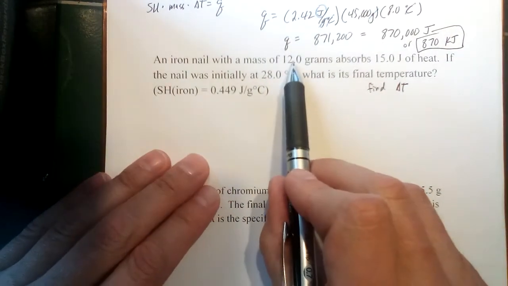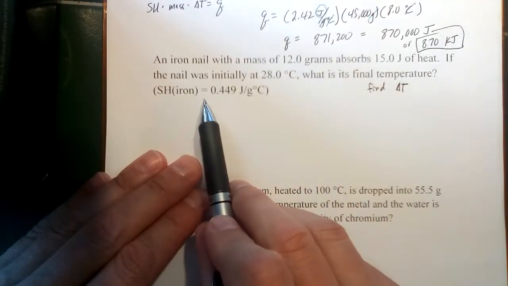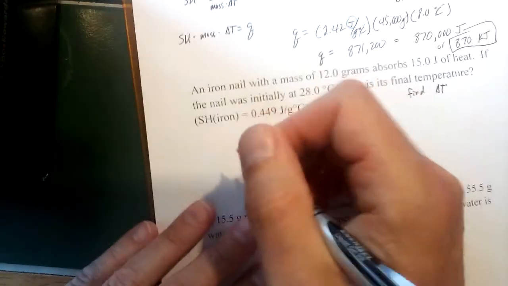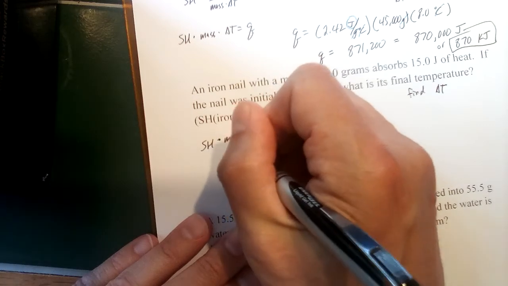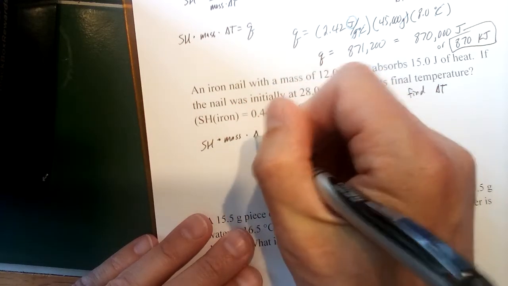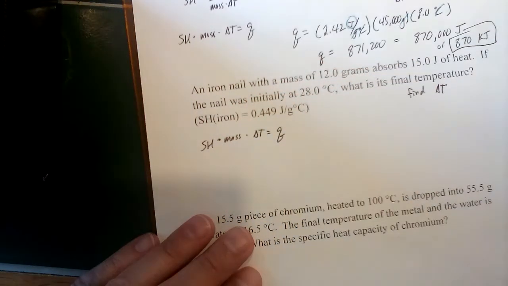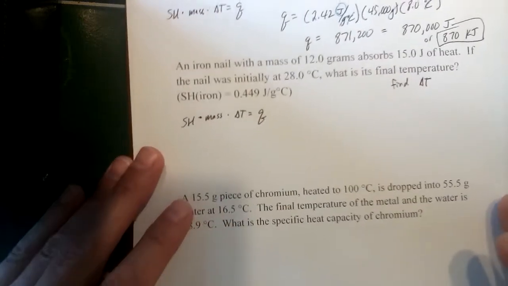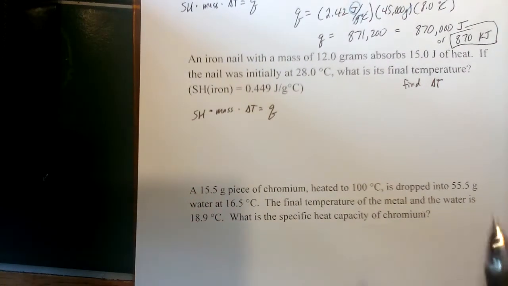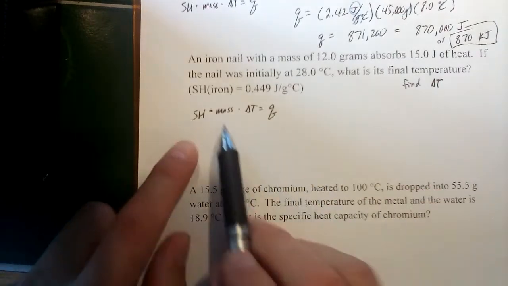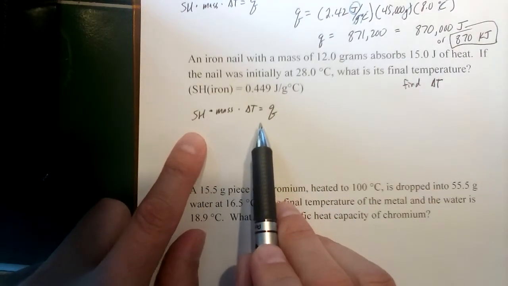So in this case, what we have is mass, heat, and specific heat capacity. So again, in fact, this time let's start with this equation. Specific heat capacity times mass times delta T is equal to Q. So if you do feel more comfortable memorizing an equation here instead of just trying to figure it out from the way the units relate, this is probably the easiest one to remember because there's no fraction.